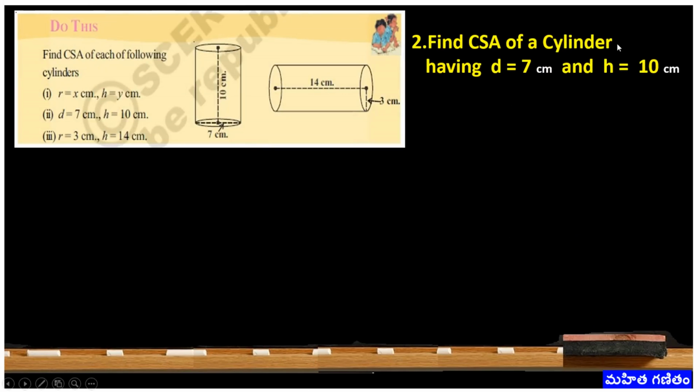Take the second problem. Find the curved surface area of a cylinder having diameter 7 centimeters and height 10 centimeters. Here radius is not given, diameter is given.